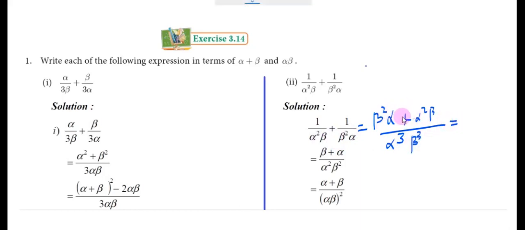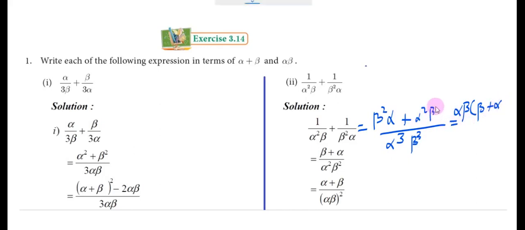Okay, alpha beta is common, am I right? Here 2 beta, here 1 alpha, here 2 alpha, 1 beta, so alpha beta is common. So alpha beta into, from this alpha square beta we take alpha out, so beta also we are taking outside, so the remaining is beta, plus here alpha beta square, 1 beta we are taking out, so remaining alpha will be there.